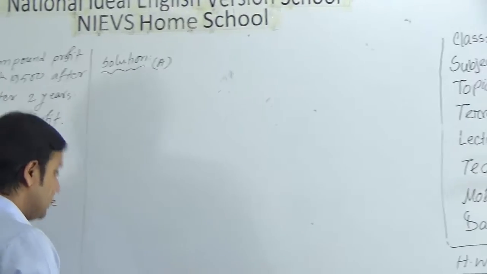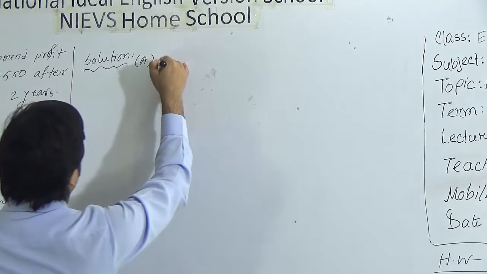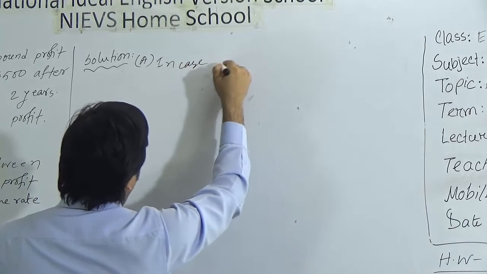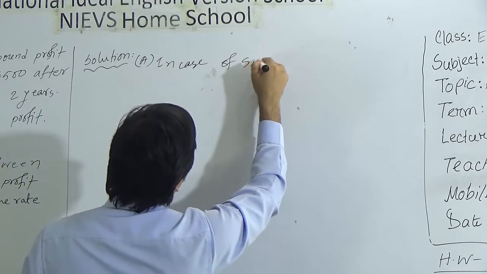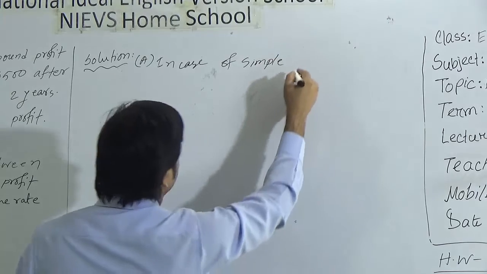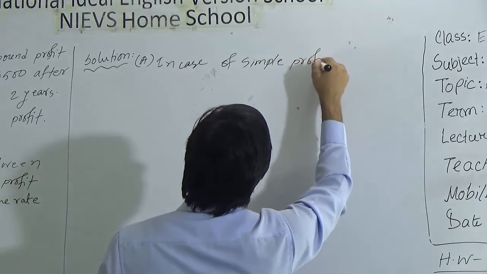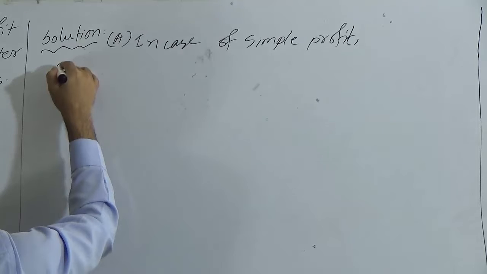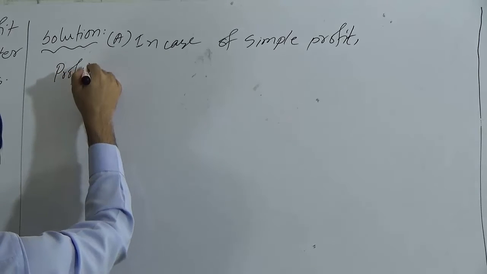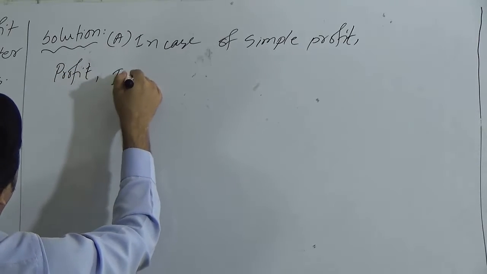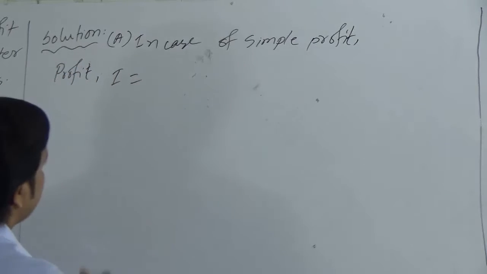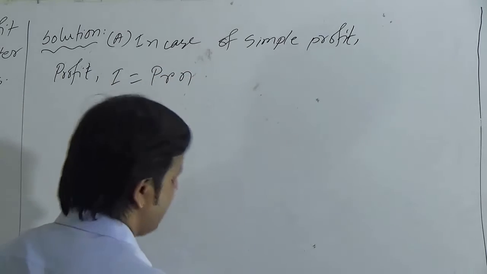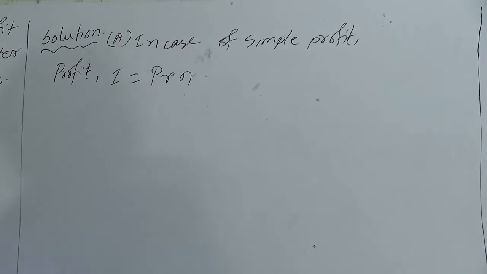So we can write in case of simple profit, we can write here profit. We denote profit by I equal to P R N. I equal to P R N.